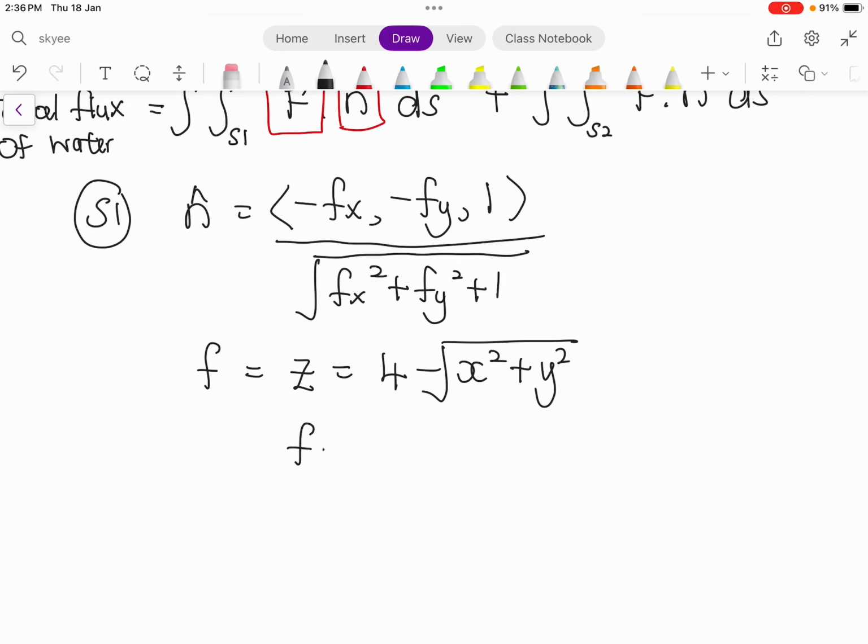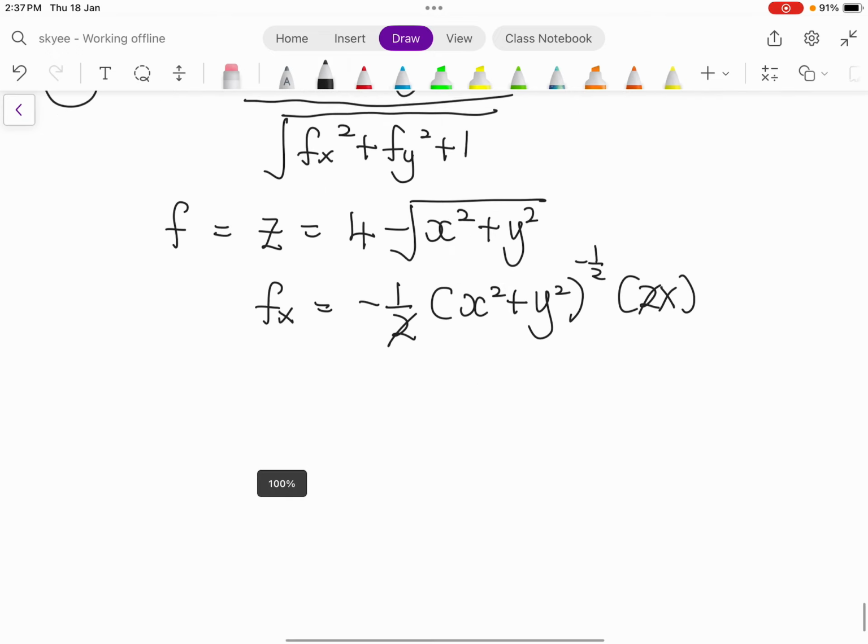So your fx: the 4 becomes 0, so you will have negative 1/2 times (x squared plus y squared) to the power negative 1/2 times 2x.